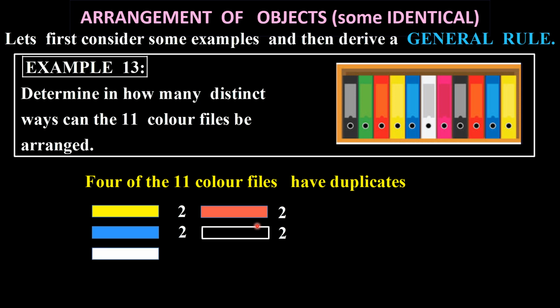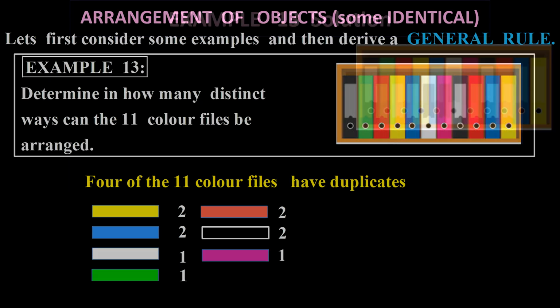Then the others, I only have 1 white, and I have 1 magenta, and I have 1 green, right? And you can see there 2 plus 2 plus 2 plus 2, plus 1 plus 1 plus 1 gives me my total there. So here we just have 11 objects, but we have a number of those objects that are identical.